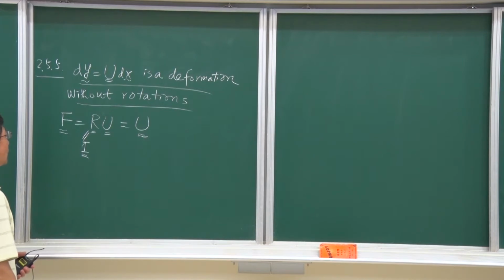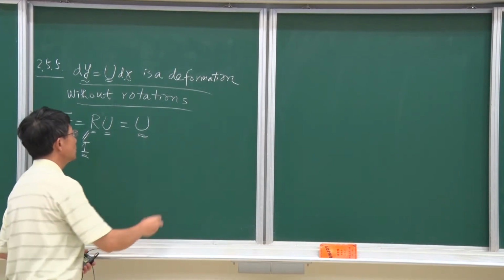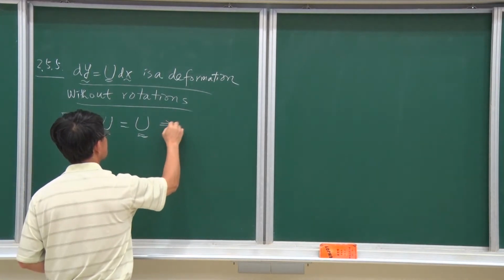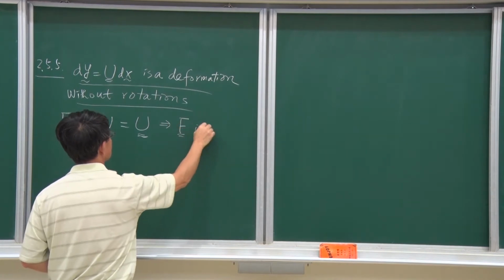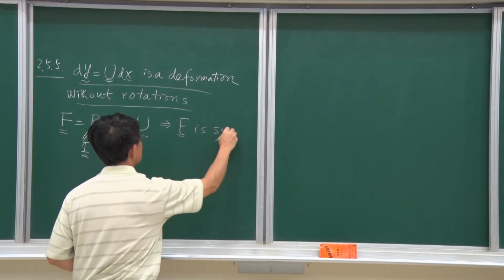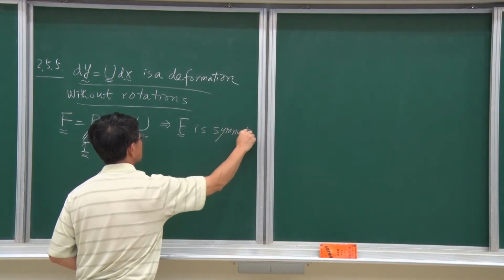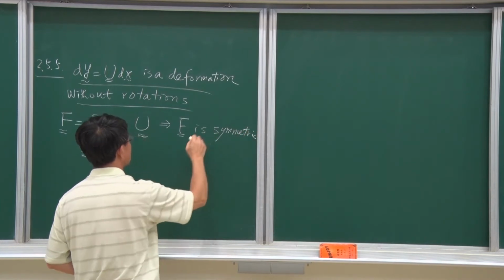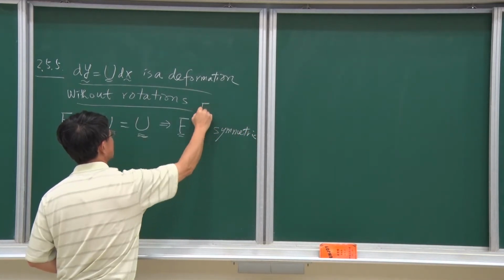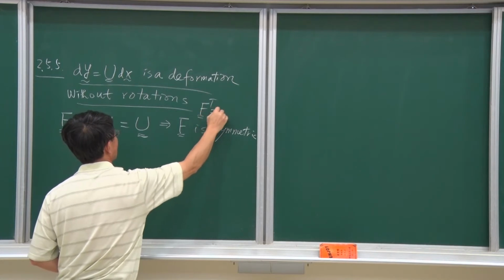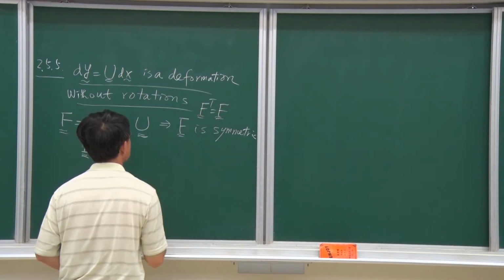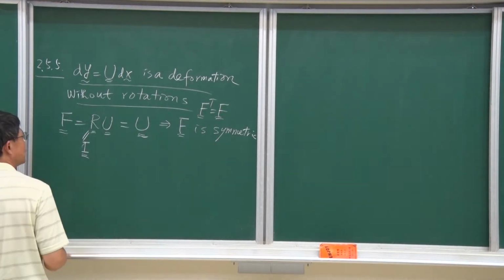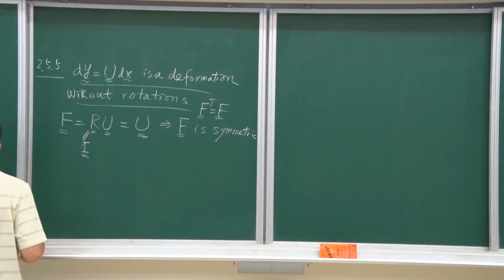we have only deformation. Means that F is F 是对称的。By this time, F is symmetric. Okay, this is the other extreme we want to talk about.